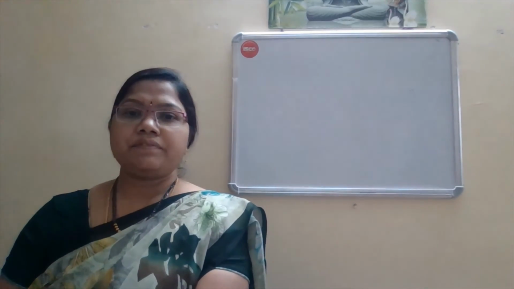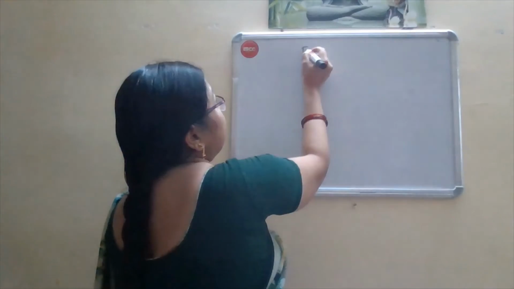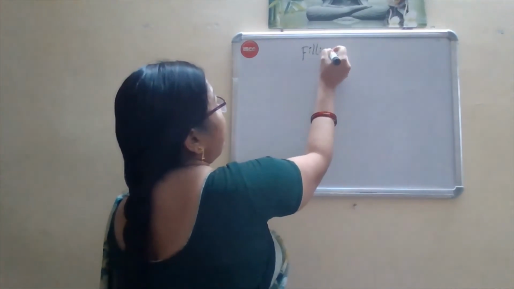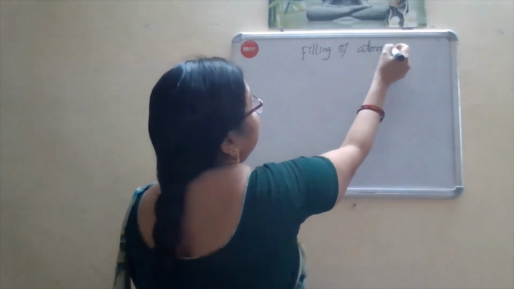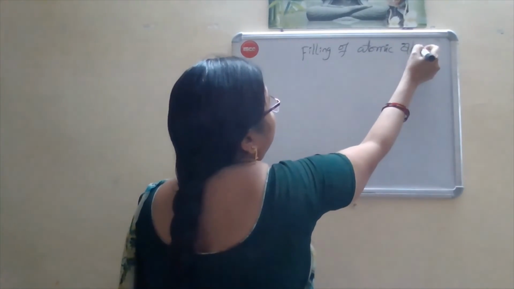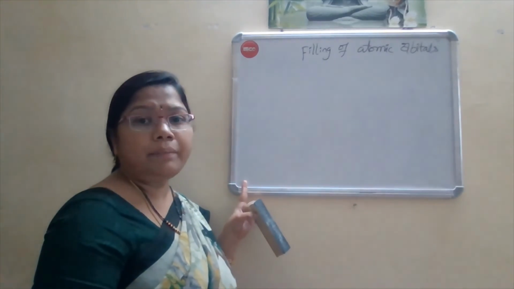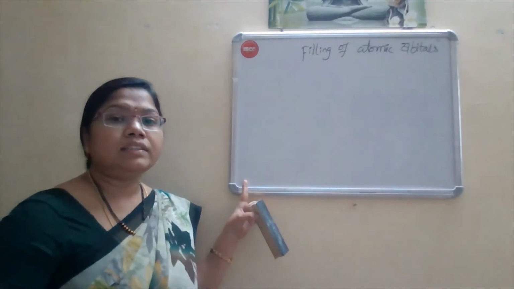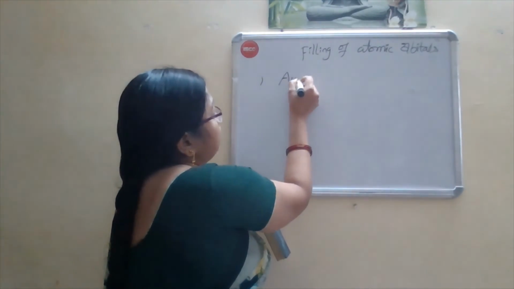Finally, we see filling of atomic orbitals. Atomic orbitals are filled by using 3 rules. First one, Aufbau Principle.